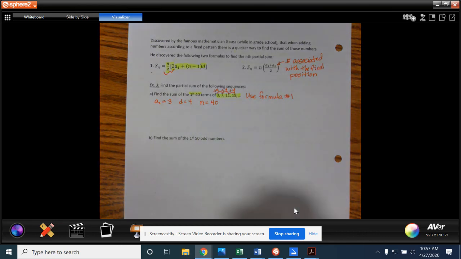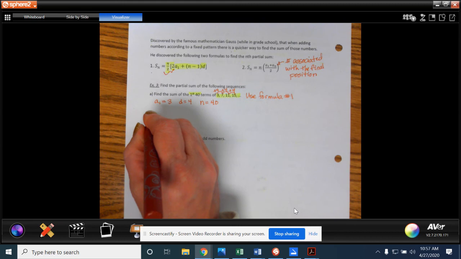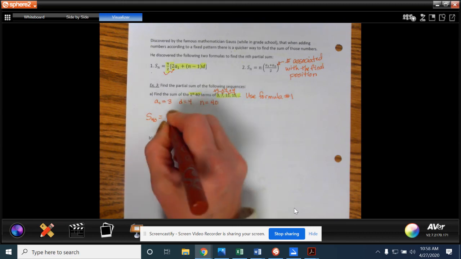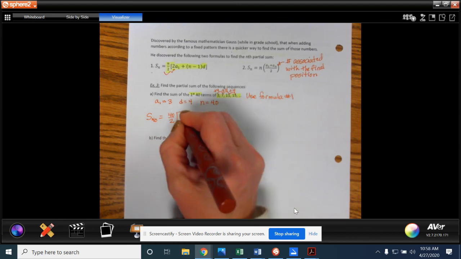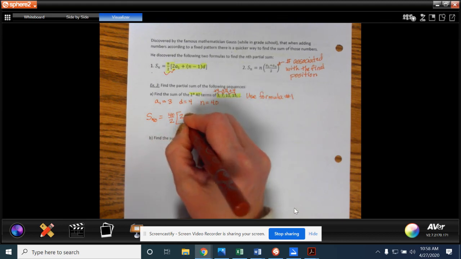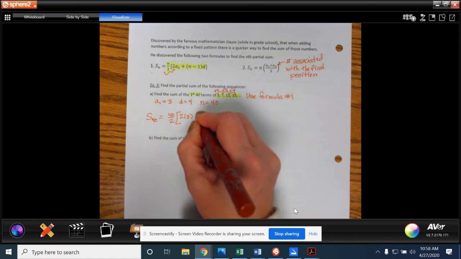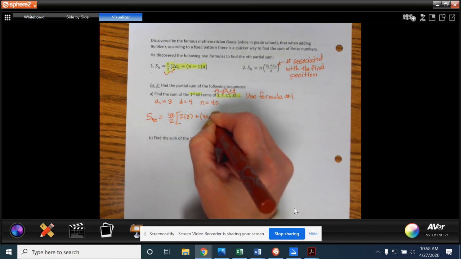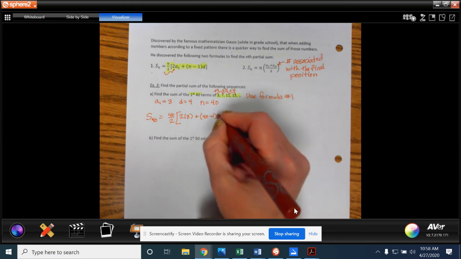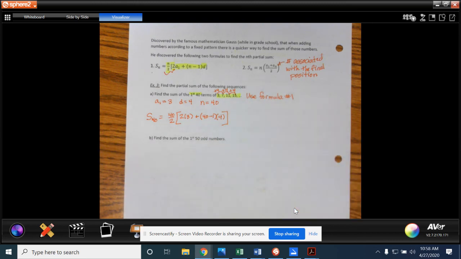Okay, so let's just fill in the formula. The partial sum, or the sum of 40 numbers, is going to be 40 divided by 2 times 2 times a, which is 3, plus 40 minus 1 times d, which is 4. Now, please use your order of operations correctly, PEMDAS.